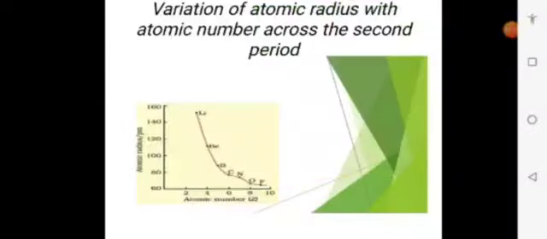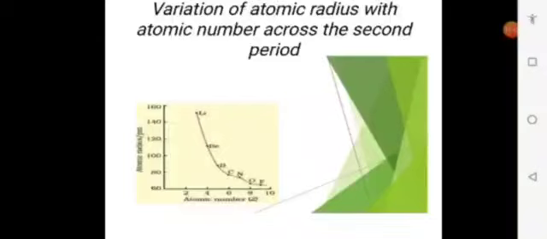We can see easily from up to down, fluorine, chlorine, bromine, iodine, that the atomic radius regularly increases. This is also the NCERT figure, variation of atomic radius with atomic number across the second period.